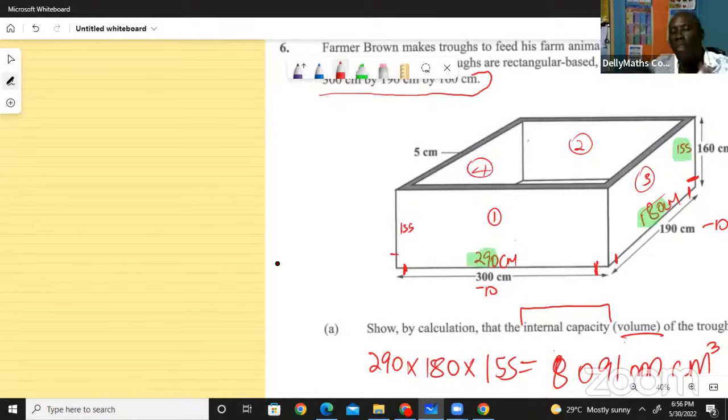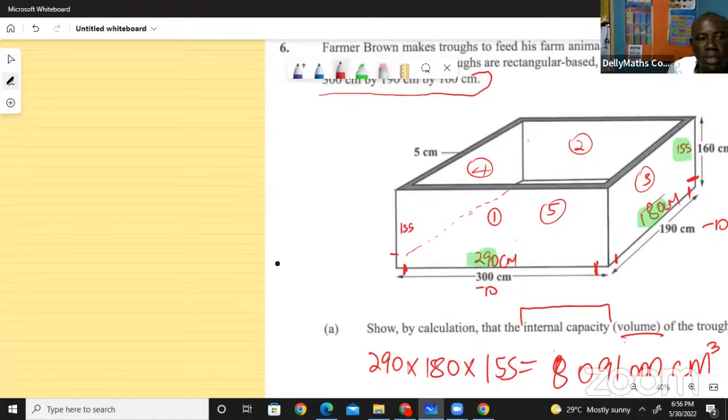And then on the ground, the base of it, you're talking the 290 combined with the 180, because that is on the ground. We're not seeing it well, but here's a little pinch of it right there. That's number 5. It's on the ground. I could do a little highlight here so you could have a slight visual. That part on the ground, number 5, will give us that 290 by 180.